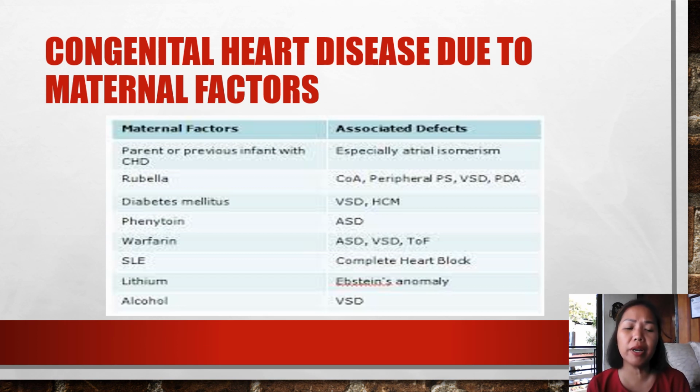One of the more common associations is rubella in the mother and having an infant with peripheral pulmonary stenosis or patent ductus arteriosus, or diabetes in the mother having an infant with hypertrophic cardiomyopathy or transposition of the great arteries, or a mother with systemic lupus erythematosus having an infant with complete heart block.